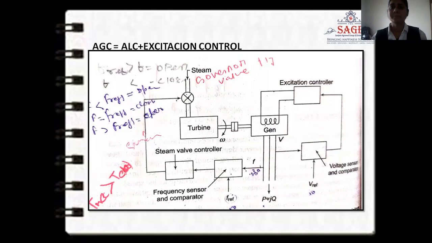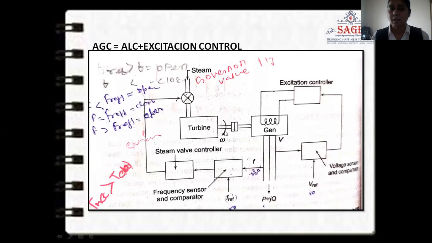In this diagram, the operation is performed with the help of the turbine, which means a mechanical process is happening. So the time taken by the frequency controller is large as compared to the electrical controller, meaning the excitation control, because here a mechanical process is happening, but here it is electrical.